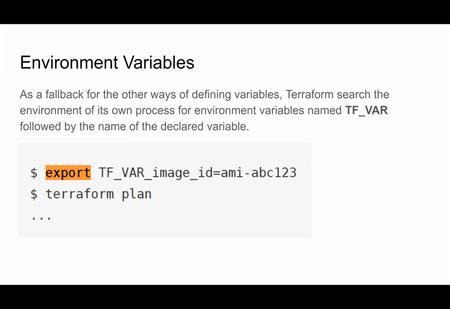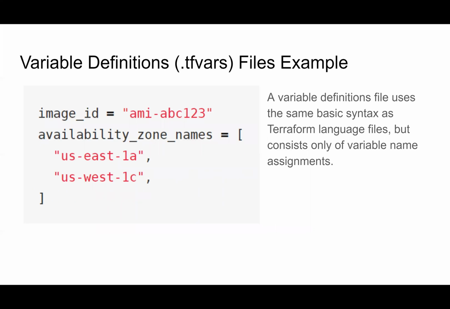We could also use environment variables. Terraform will search the environment of its own process, and it'll look for environment variables named TF_VAR_ followed by the name of the declared variable. So TF_VAR_image_id=ami-abc123.